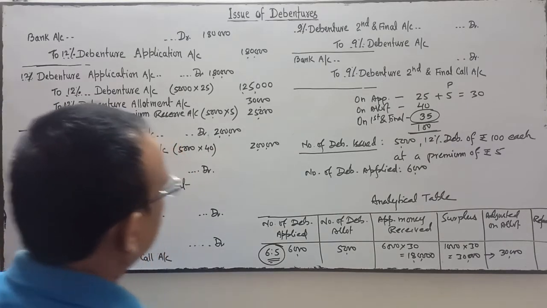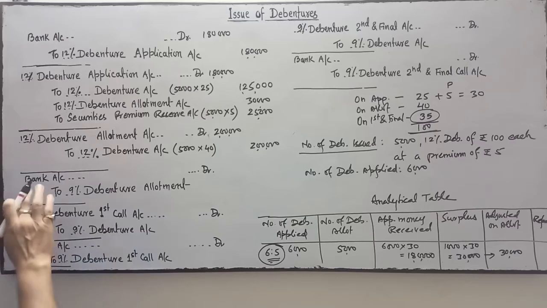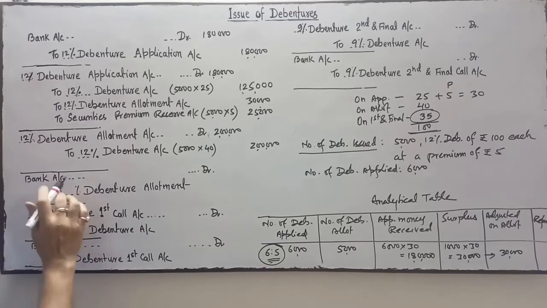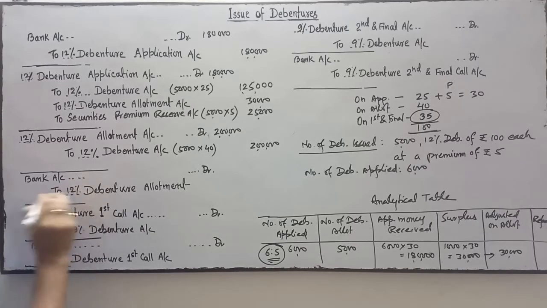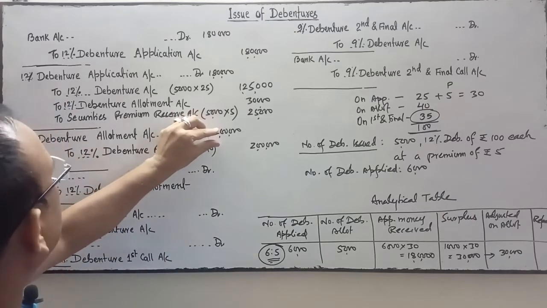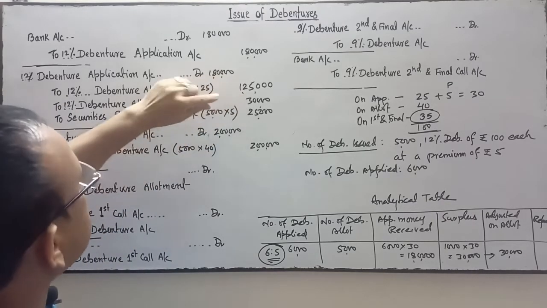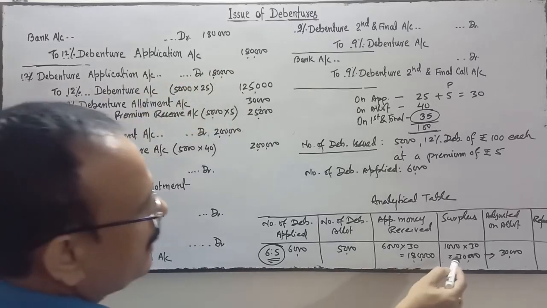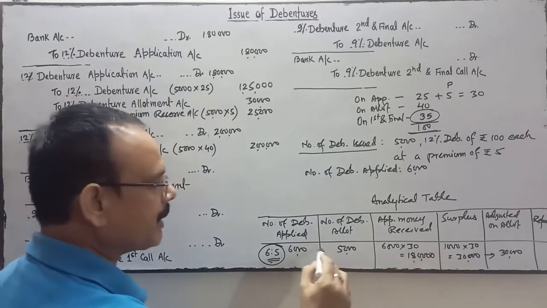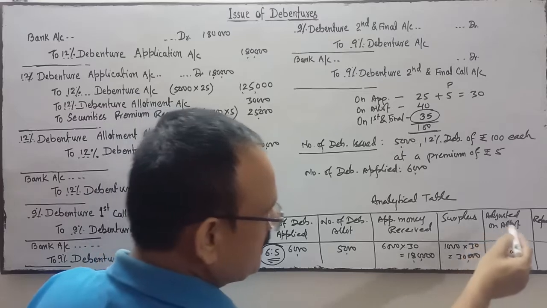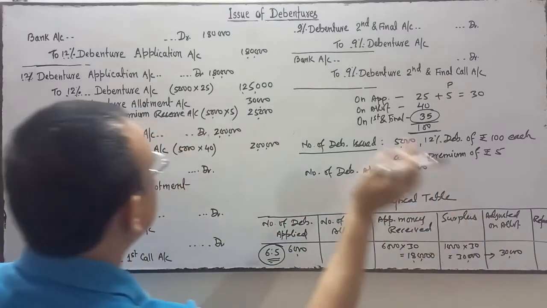Now come to the bank account debit to debenture allotment. How much money will we get on allotment? The interest is 12%. So 2 lakh is the due amount. Already 30,000 is adjusted. Excess money which was received on application is adjusted on allotment, so that money we will not receive.